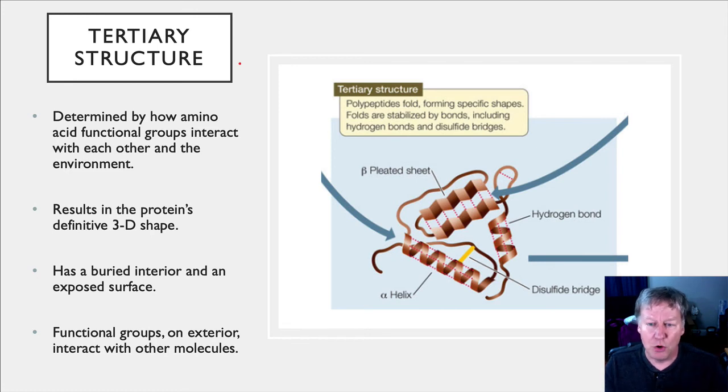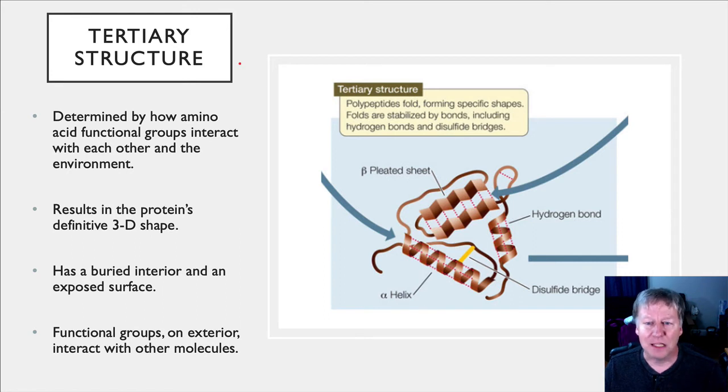On the other hand, two positively charged R groups will repel each other. They'll push away. Polar and nonpolar molecules don't get along, so they will move away from each other, while polar and charged molecules will move closer together. So as they interact with each other, they push each other away or move closer to each other, and you start getting a distinct shape appearing.